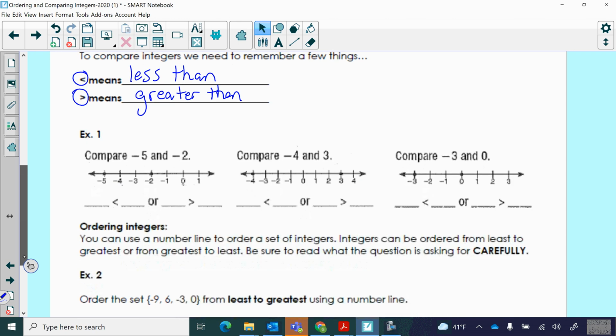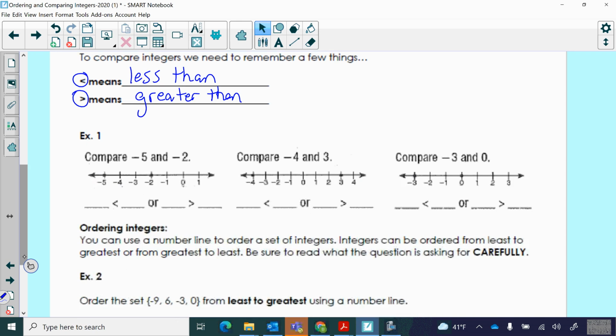All right, so let's look at example 1. They give us -5 and -2, and they've already given us our signs. So what does the first one mean? Less than. So which number is less than the other? -5 is less than -2.